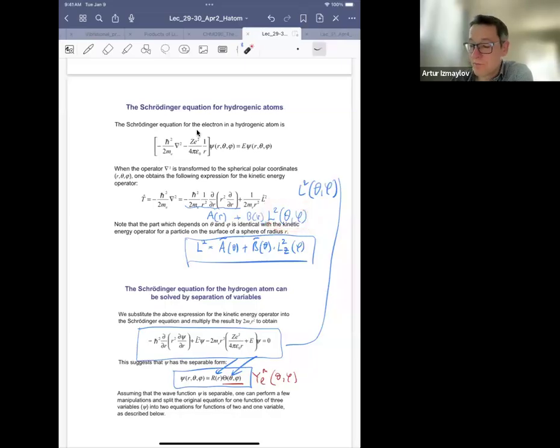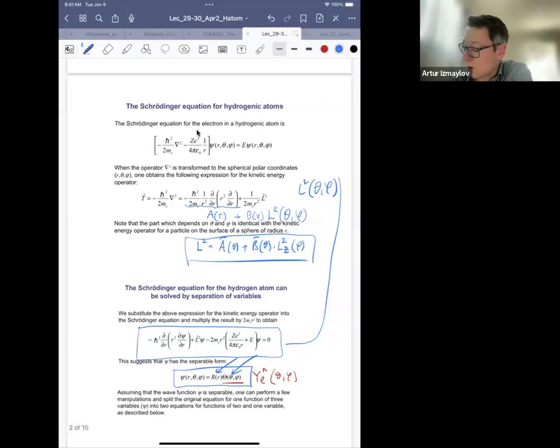And why this is helpful is because we saw we can solve these problems using a product state. You could find that any state of L squared, we call them spherical harmonics.